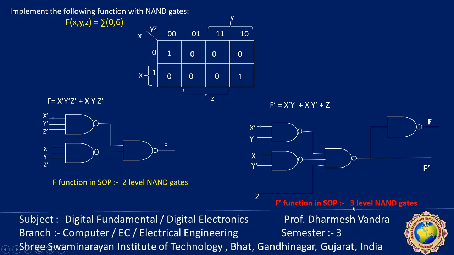So this is a 3-level NAND gate circuit if f' is given in sum of product. Right? Note that down. There is a big difference. If f is given in sum of product, it is a 2-level NAND gate circuit, but if f' is given in SOP form, it is a 3-level NAND gate circuit.